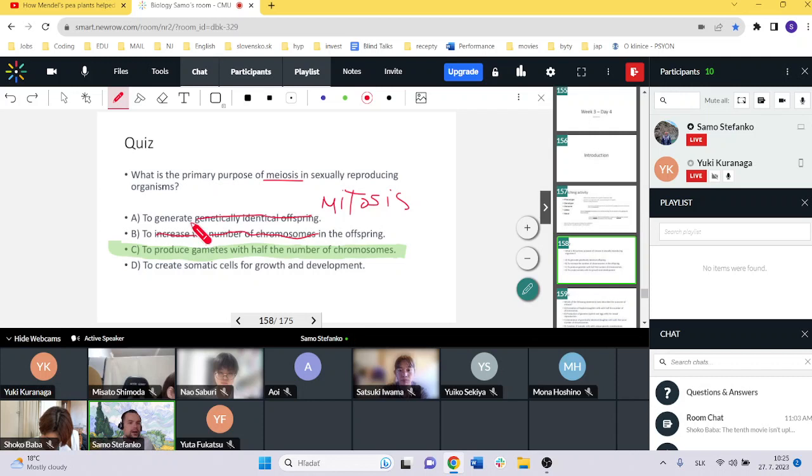So this part is not 100% incorrect. What's problematic is another part. This is hypothetically possible or related to meiosis, let's say. The other part is definitely not a meiosis purpose.